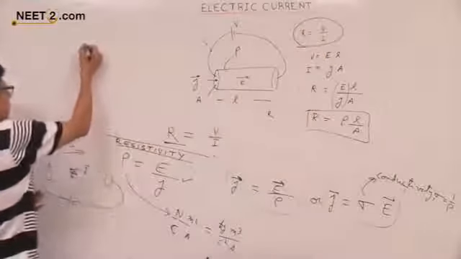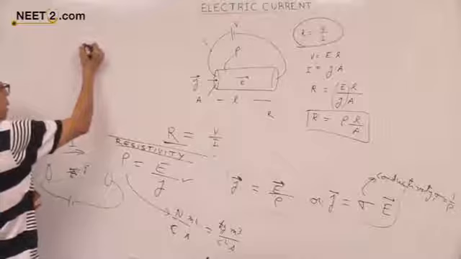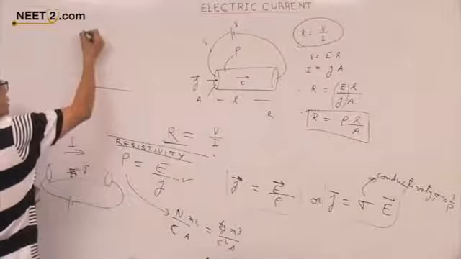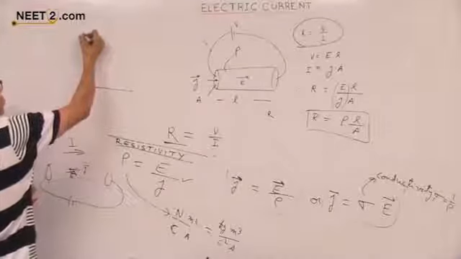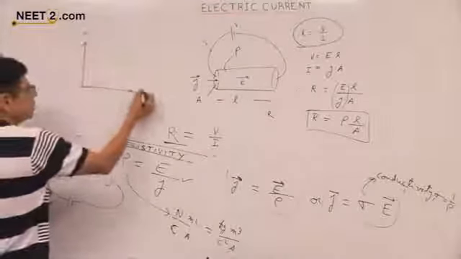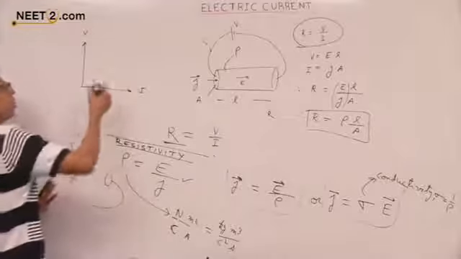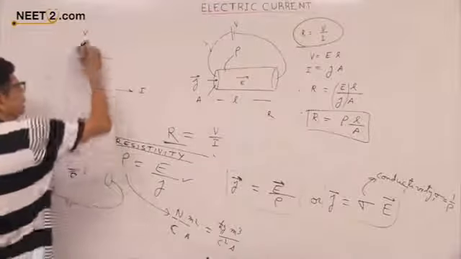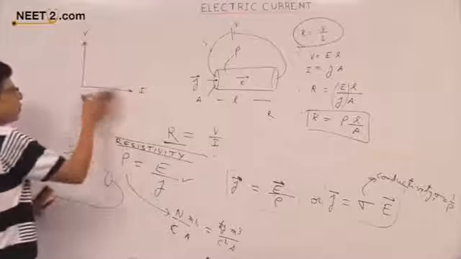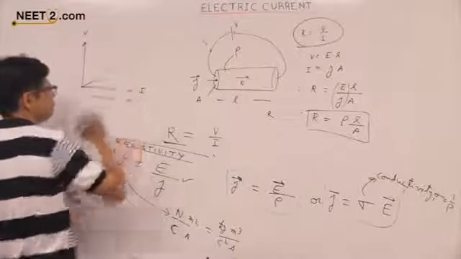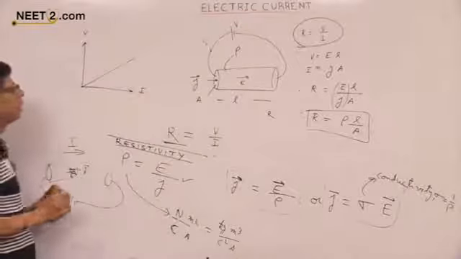And Ohm's law: one way of saying what Ohm's law is, is that the graph between potential difference V versus the current I is a linear graph. That's Ohm's law.